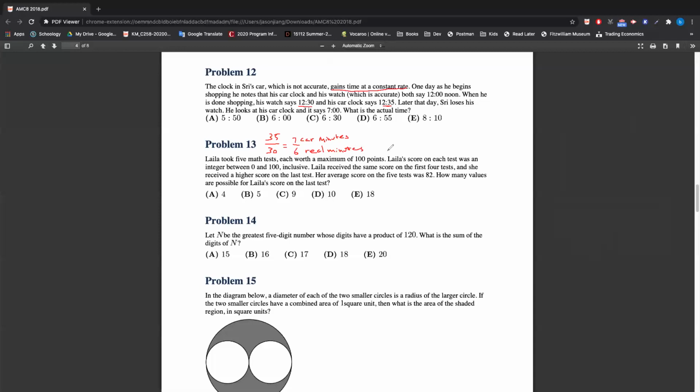Okay. And later that day, his clock says 7 o'clock. So what's the actual time? Well, we know that we can just swap these units for hours, basically. 7 car hours would basically just be 6 real hours. And 6 hours after 12 o'clock is 6 o'clock, obviously. And the reason I can change minutes to hours is it's the same thing as multiplying by 60, right?